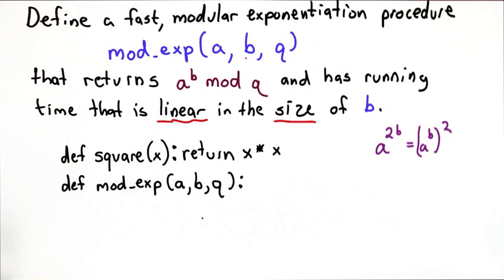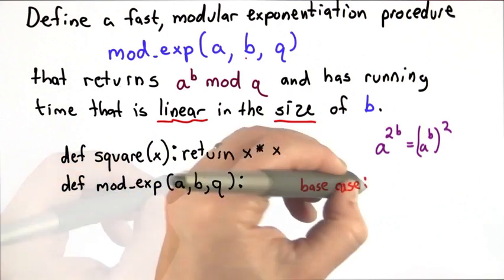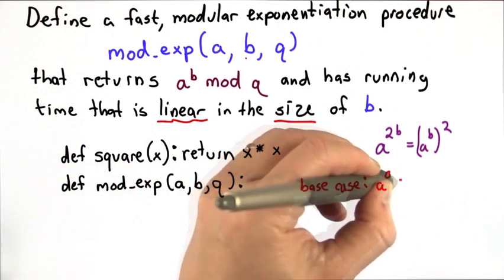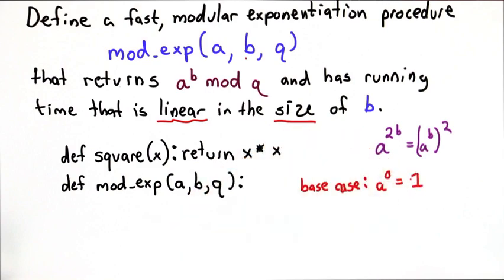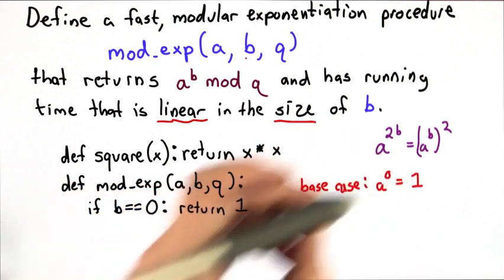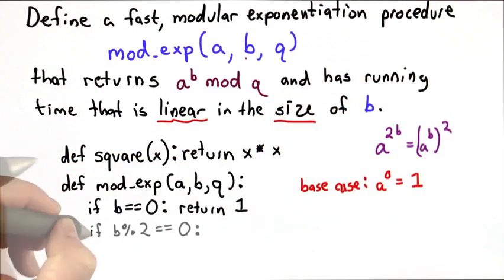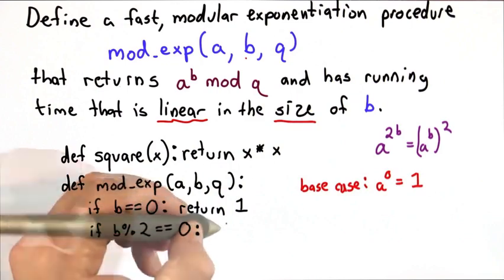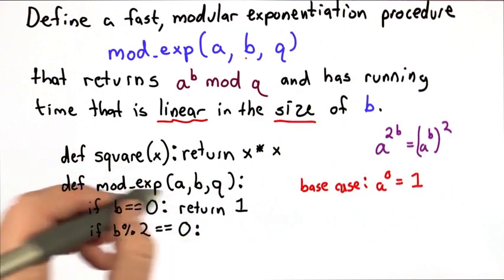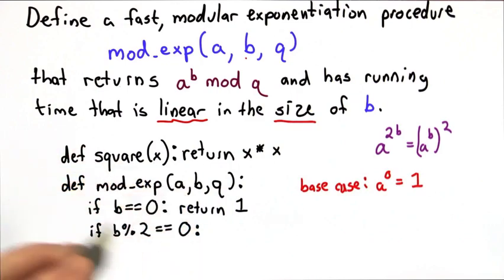The easiest way to do this is to do it recursively. So our base case is when b is 0. Anything raised to the 0 power is defined as having the value of 1. If b is not 0, well, then we want to check if it's divisible by 2. If it's divisible by 2, we can do this transformation. Then the result is the square of the modular exponentiation of a to the b divided by 2.